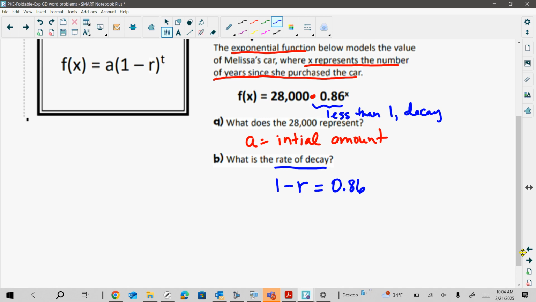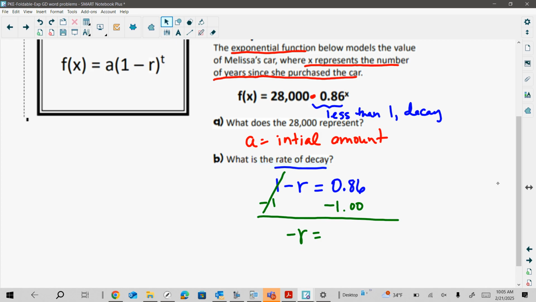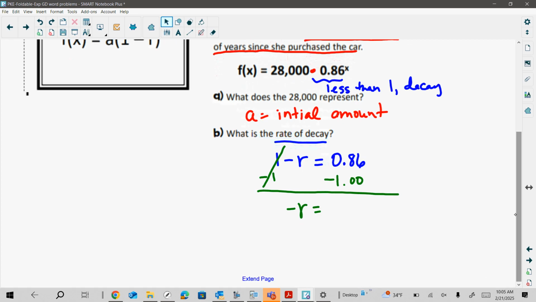So to calculate the rate, we're going to have to solve for R by subtracting 1. When I do, I'm left with negative R equals, where are we going to get here? When you subtract the 1 from the decimal 0.86.